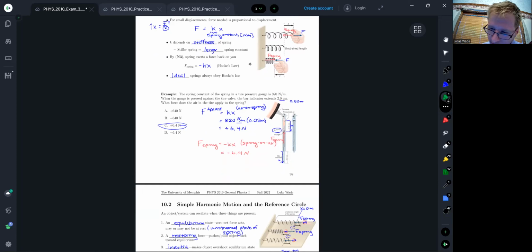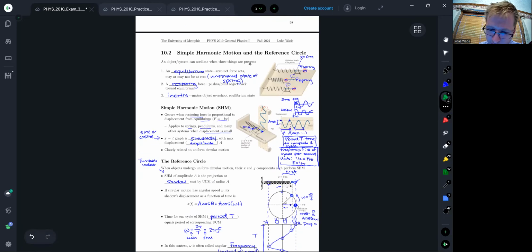So that's what Hooke's law says: the force the spring exerts is opposite, the negative, of the displacement of the spring from equilibrium, and proportional to it by the spring constant k. So the stiffer the spring, the larger the spring constant. That means the spring is pulling back harder for a given displacement if it's stiffer.